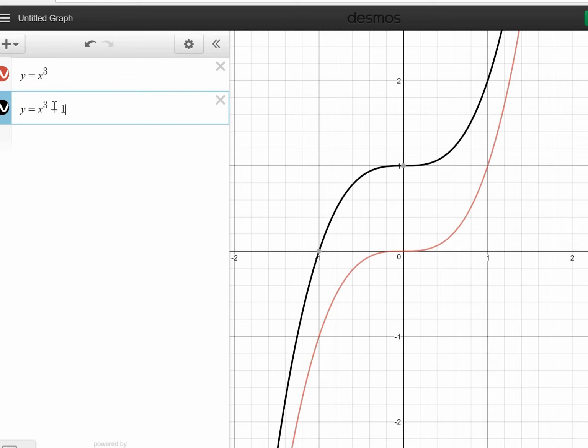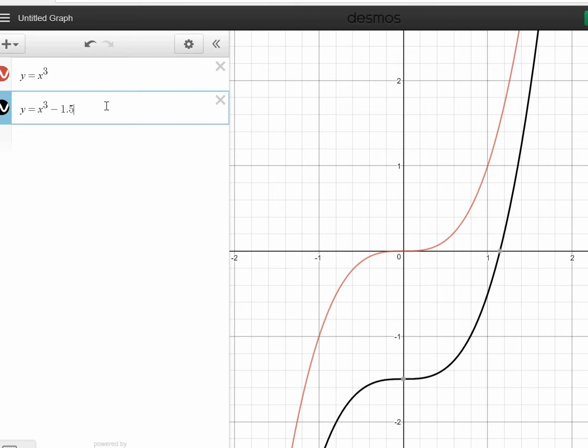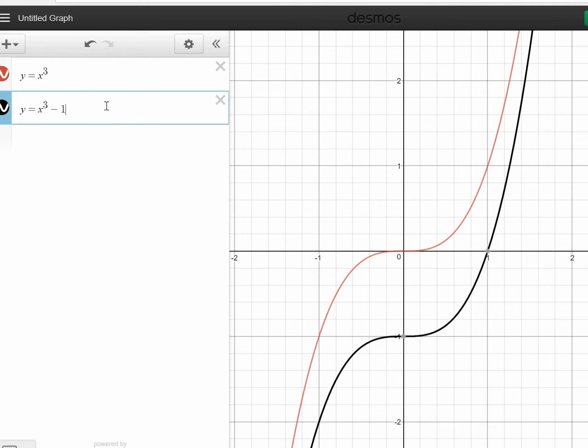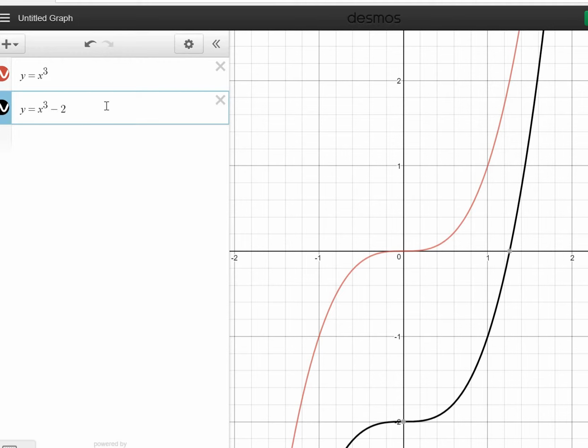It translates it up by 1 in this case. So instead of going through 0, 0, it now goes through 0, 1. So exact same curve, but just moved up. Or we could move it down, say 1.5 spots, or just down 1 spot, or maybe down 2 spots.